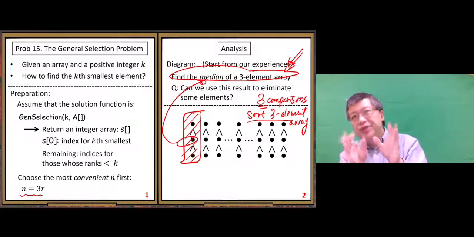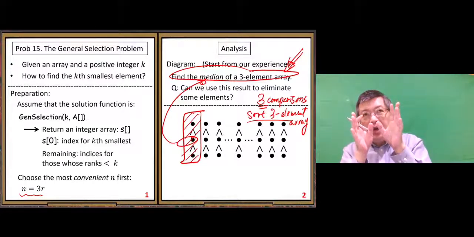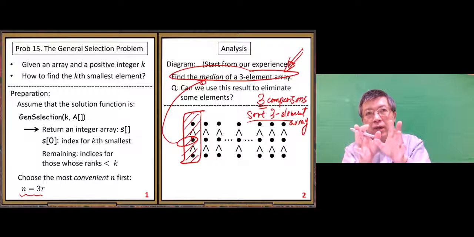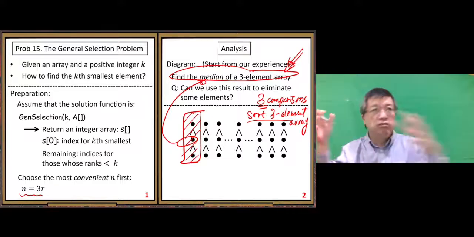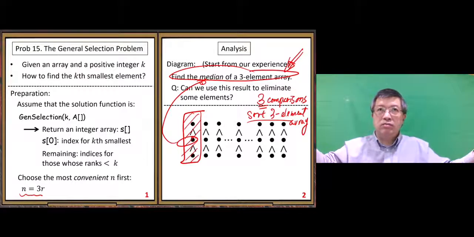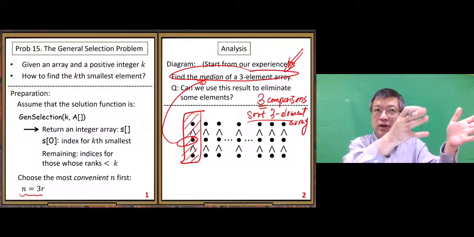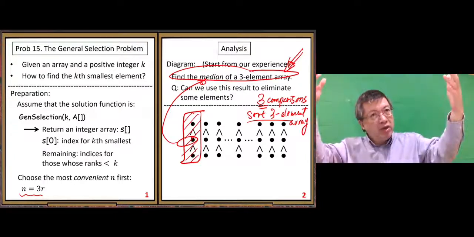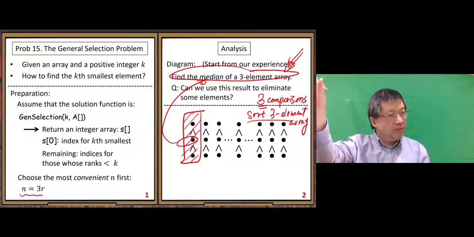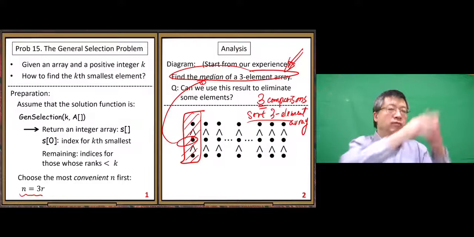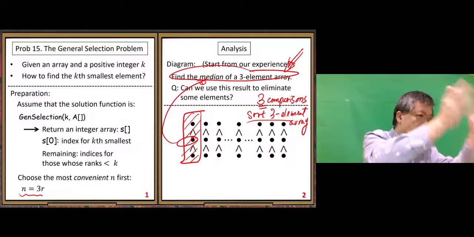So for this small array, finding the median and sorting it need the same number of comparisons. Only for 3. If we have more elements in the array, then we need many more comparisons to sort it than to just find the median.